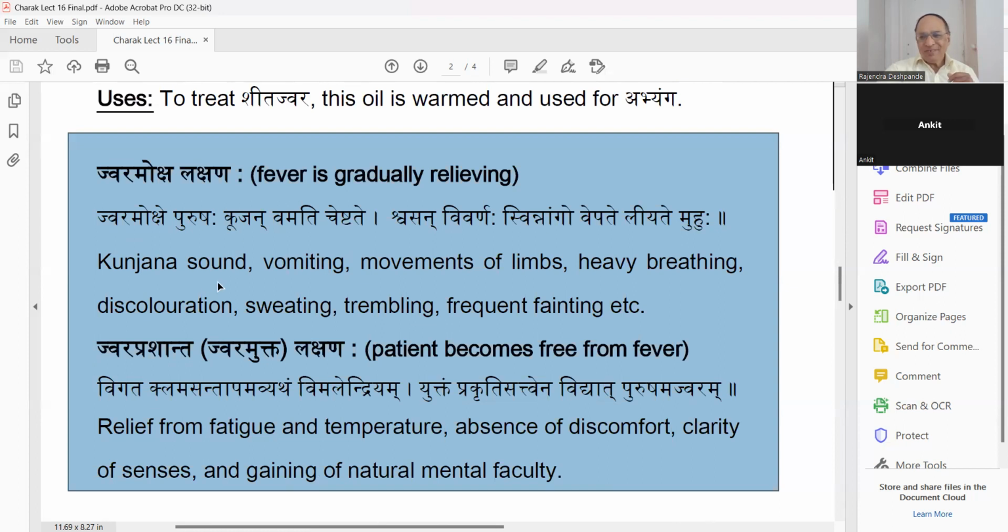Kunjana sound, vomiting, movements of the limbs, heavy breathing, discoloration, sweating, trembling, and frequent fainting are the Jwara Moksha Lakshana.